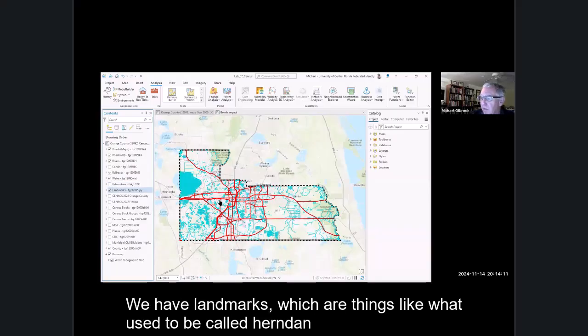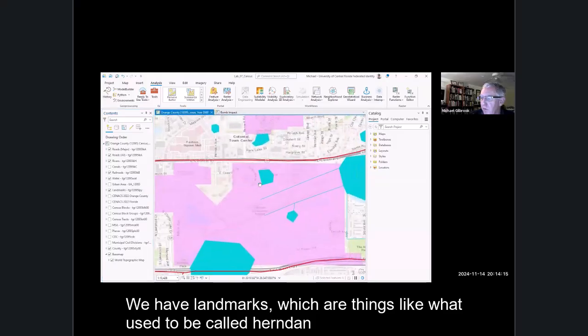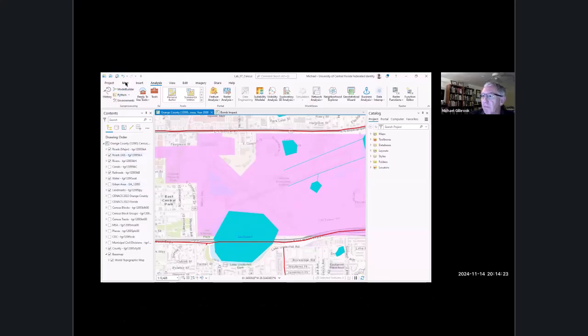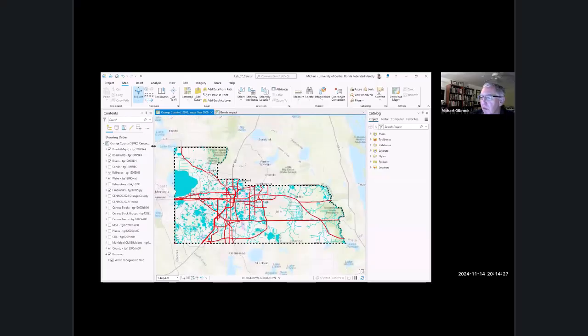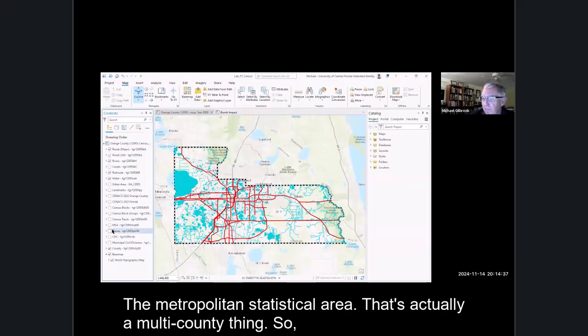We have landmarks, which are things like what used to be called Herndon Airport and is now Orlando Executive Airport. So we got that. So those are all various parts of the census TIGER/Line files.